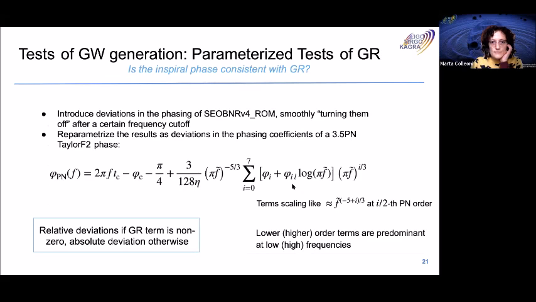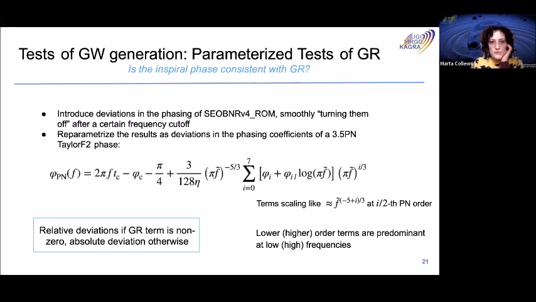As a baseline for this test, we use a specific waveform model, SEOBNRv4_ROM, and we introduce deviations in the phasing of this model that are then smoothly turned off after a certain frequency cutoff that we pick in the inspiral part of the waveform.